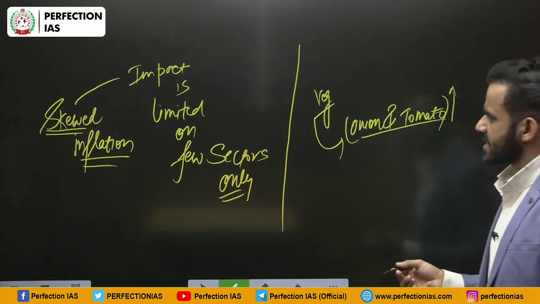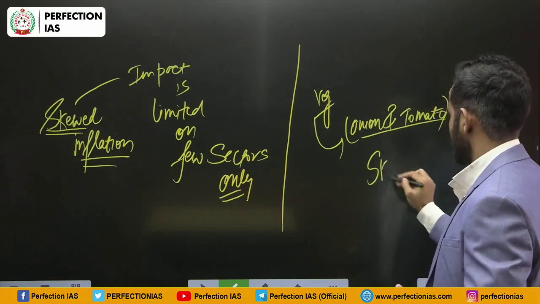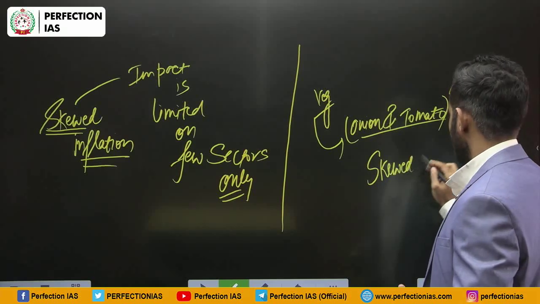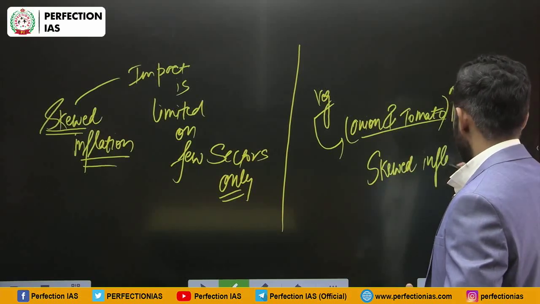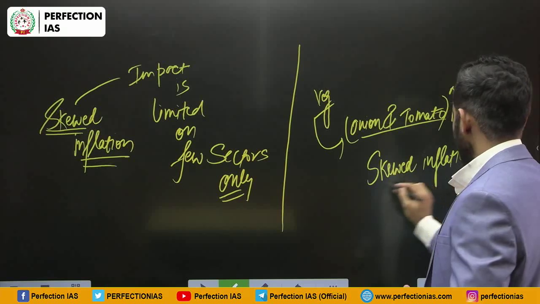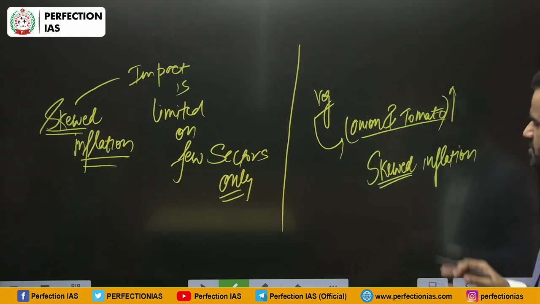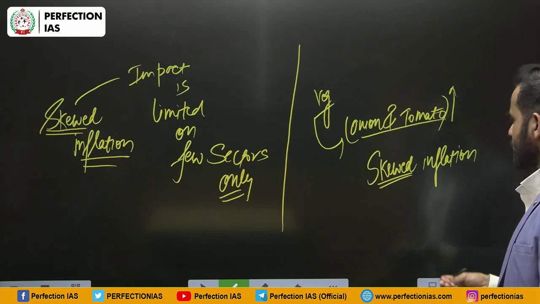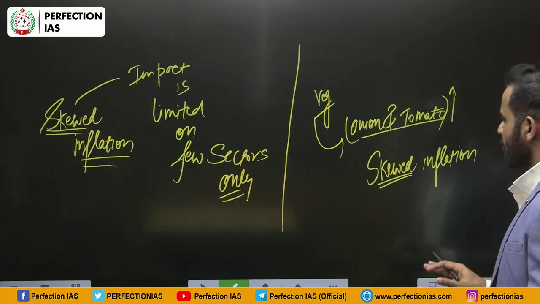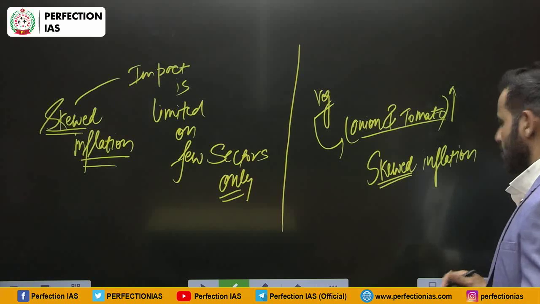This is an example of skewed inflation. That means inflation is there only in specific or very limited areas. The rest of the sectors are performing well without much inflation.